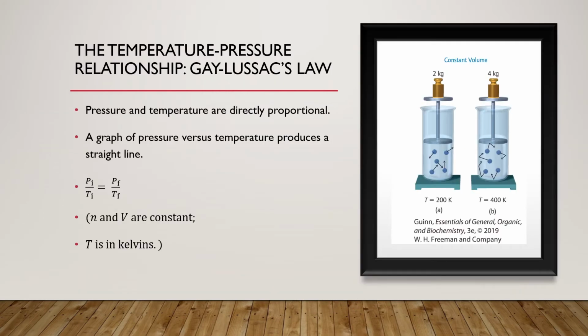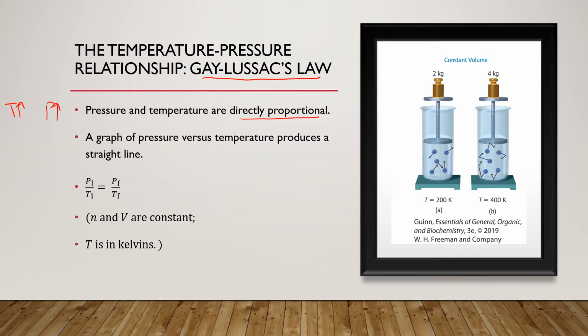The relationship between temperature and pressure of a gas is given by Gay-Lussac's law. This law states that the pressure and the temperature of a fixed amount of gas are directly proportional to each other. It means that if the temperature of a fixed amount of gas goes up, the pressure of that gas will also go up by an equivalent amount.